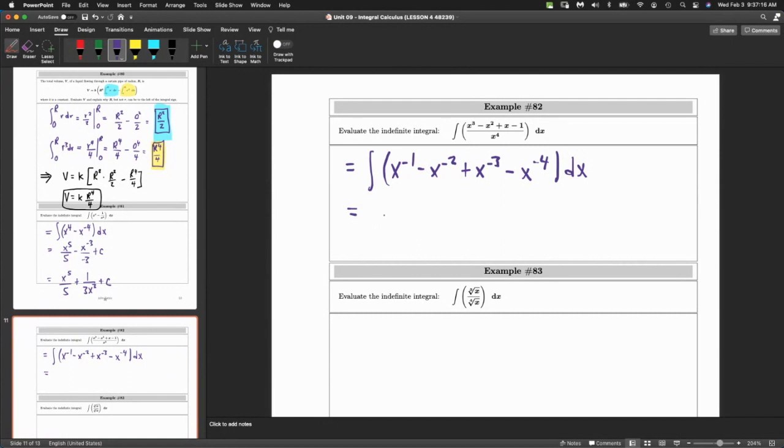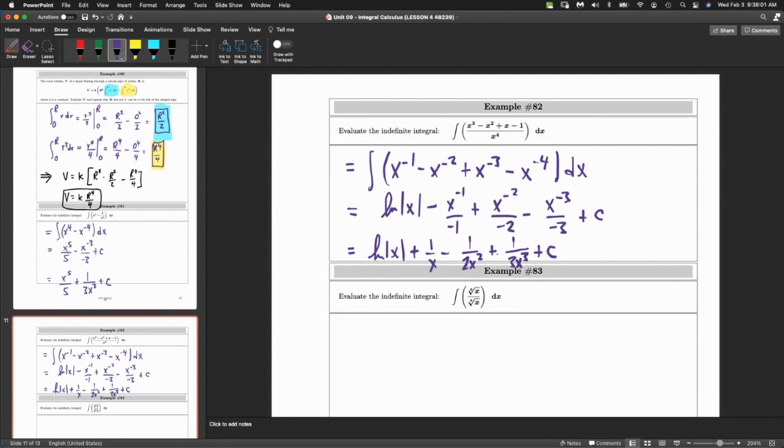So here you have x to the negative 1, which is ln x. That's the special one. And then you take negative 2 and add 1 and get negative 1 over negative 1. You take negative 3 and add 1, and you get negative 2 over negative 2. Negative 4, you add 1, and you get negative 3 over negative 3. Don't forget the c. And then clean up all of these negative signs on the denominator to wrap it up.